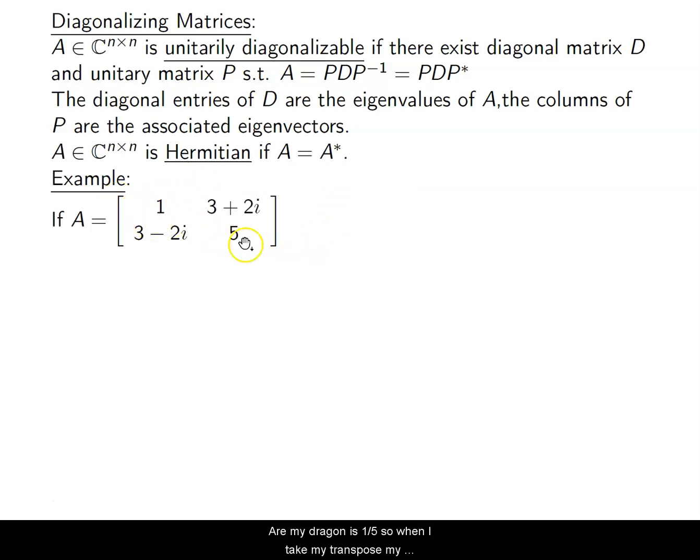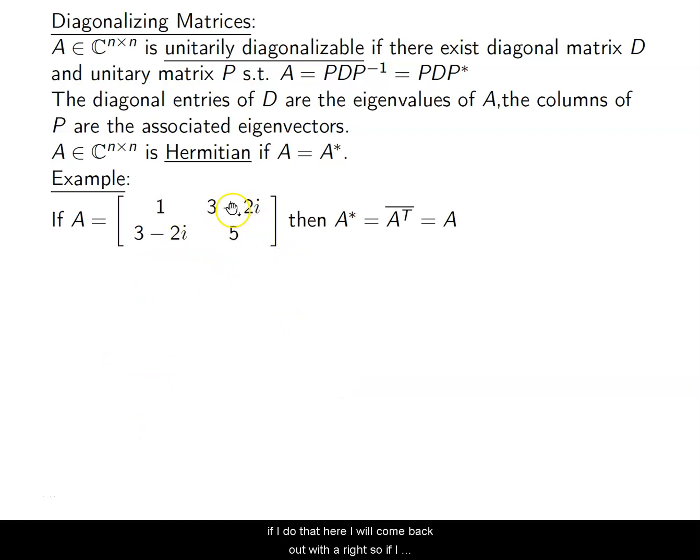Here my diagonal is 1, 5. So when I take my transpose and my conjugation, those will stay the same, right? So notice, let's just conjugate it first. If I conjugate this first, this will be 3 plus 2i, 3 minus 2i, and then after I transpose it, I will get back out my original matrix A. So A star is the same thing as a conjugate and a transpose, and I just showed you that if I do that here, I will come back out with A, right?